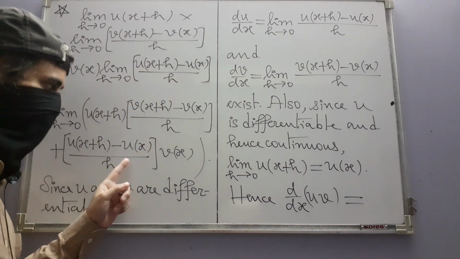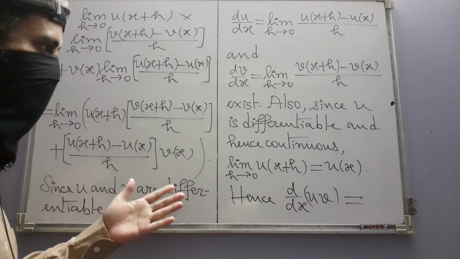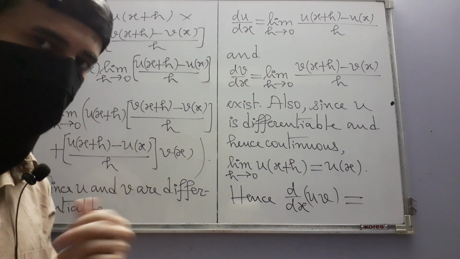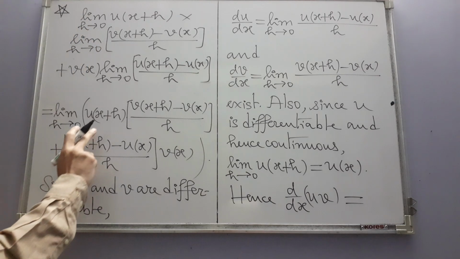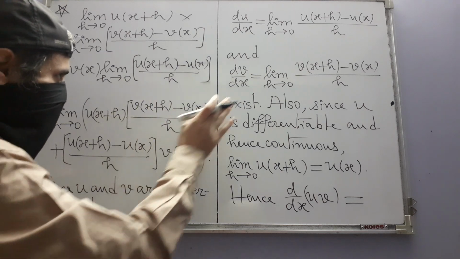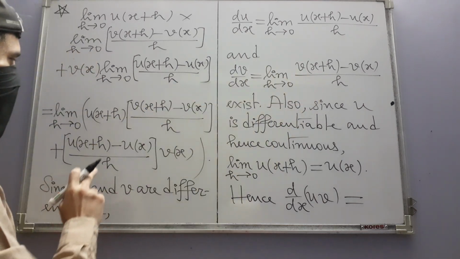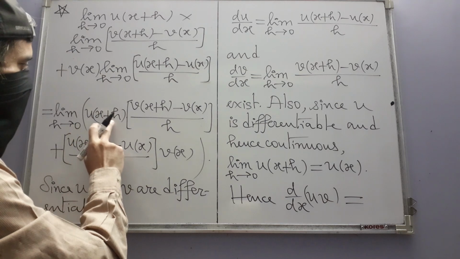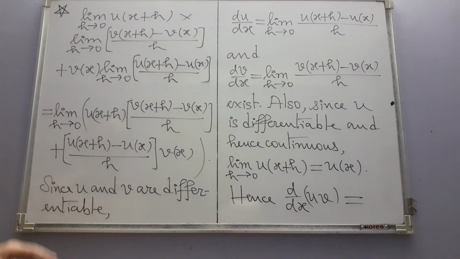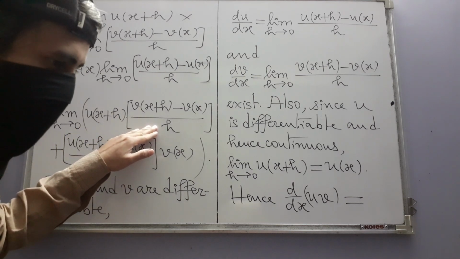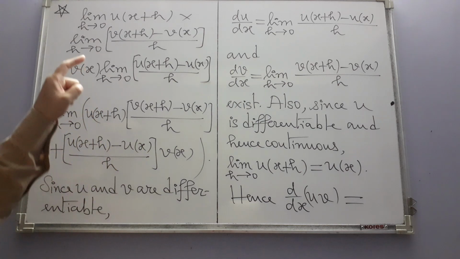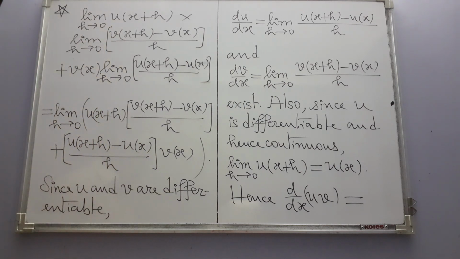And what is our justification for doing so? The justification are the various limit laws for functions that we have already come across. For example, the limit of this exists, and so does the limit of this. And in fact, this is u of x. It exists after all. And that is why the product of these two functions also has a limit, which by one of the limit laws is the product of the limits.